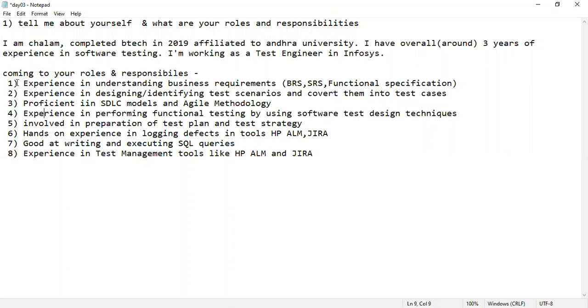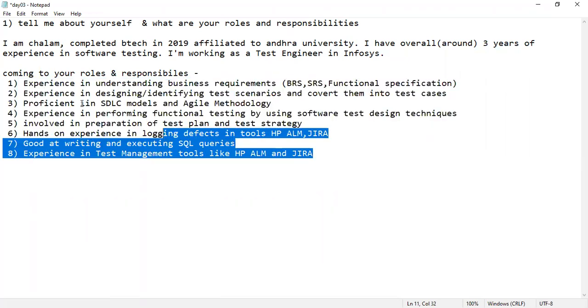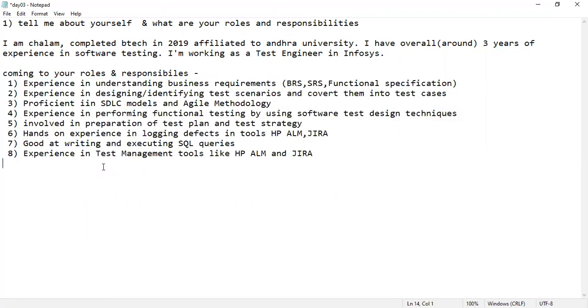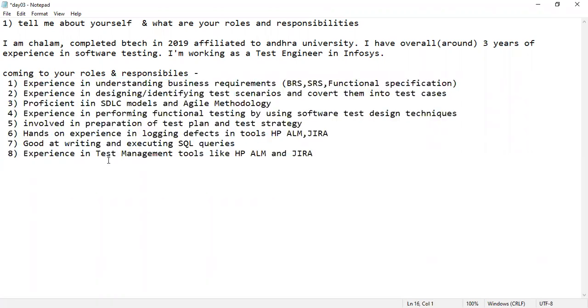So these are all your roles and responsibilities. This is part and parcel of your job roles. You have to do these daily activities each day in any company. So you have to talk about your roles and responsibilities during the interview.